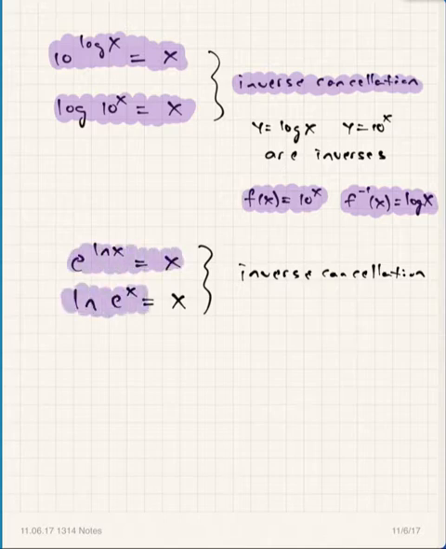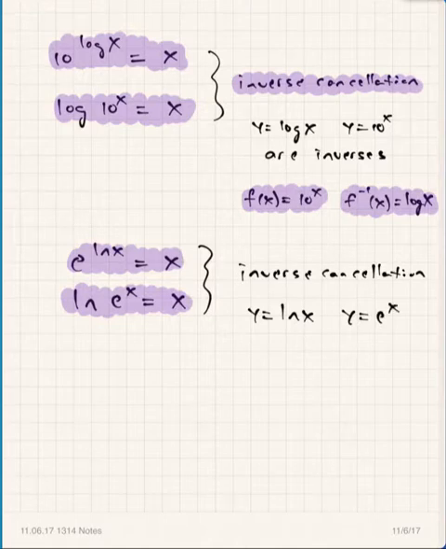If you take e and raise it to a power, and then you have the natural log, and you operate with those in sequence, it's like they're canceling each other out. And so what do you get here? That y equals ln x and y equals e to the x are inverses.